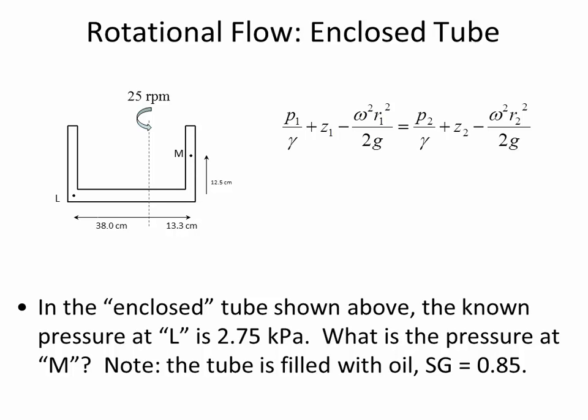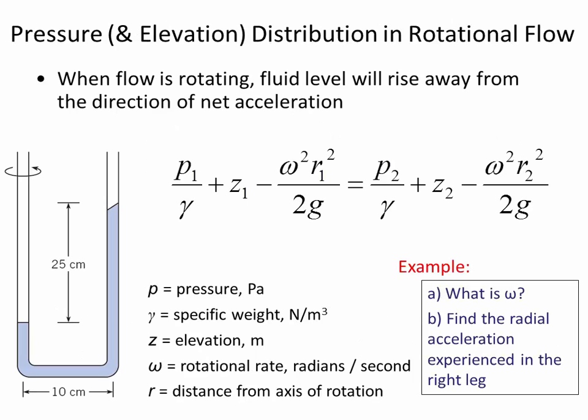Let's take a look at another one, and I'm going to ask you to try this example with a partner, or if you prefer you can work it individually, but now the tube is enclosed. So what that means is that the water's not going to slosh around like it did in this example. When the tube was open, the liquid inside the tube was not constrained in terms of where it could flow.